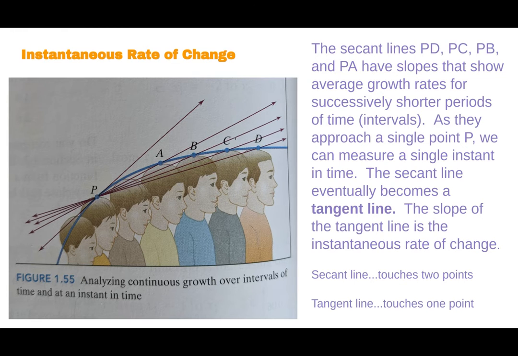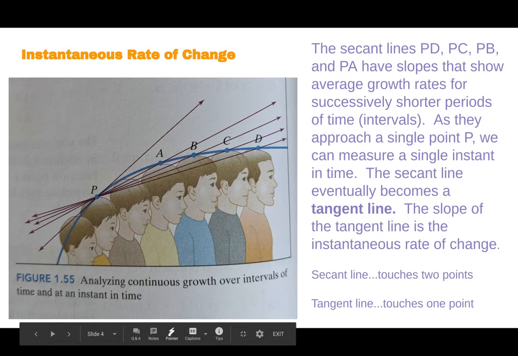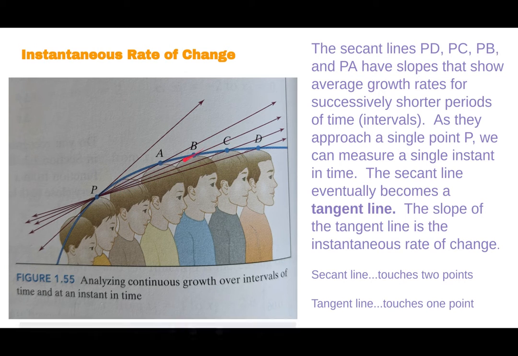Then we have line PC, line PB, and line PA. And all of those have slopes that show the average growth rates for successively shorter periods of time or intervals. And what I want you to notice here is that each of these intervals is getting smaller.